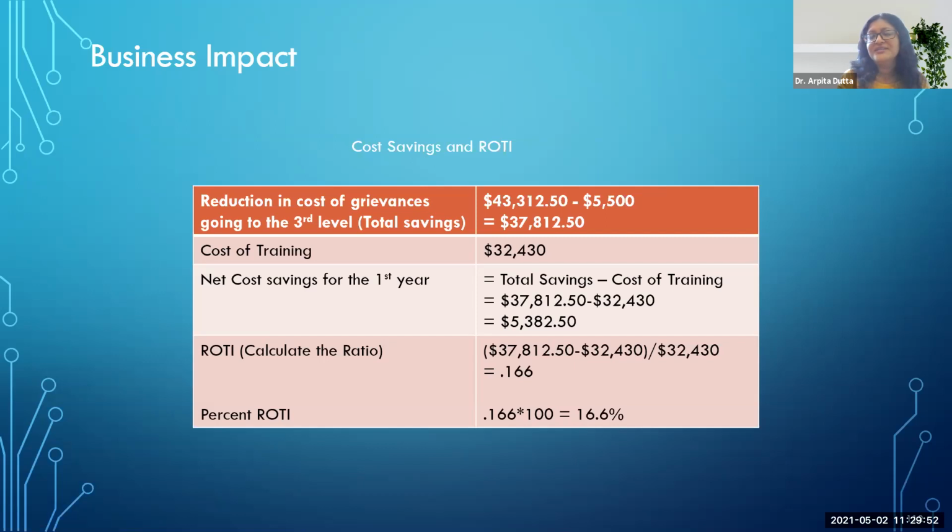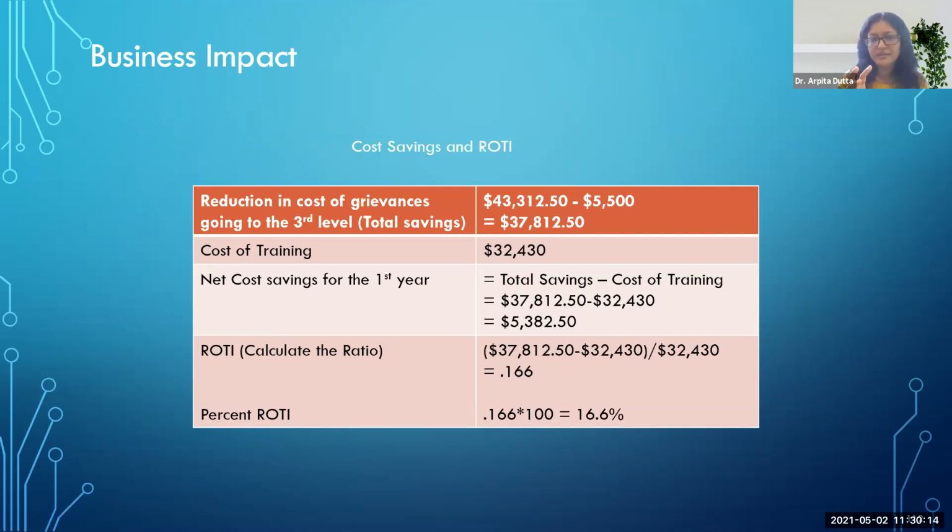So the interpretation is that the training could still have been much better. Another interpretation is that we could have still curtailed the cost, because a lot of this percentage or ratio is dependent on both parameters, the numerator as well as the denominator.